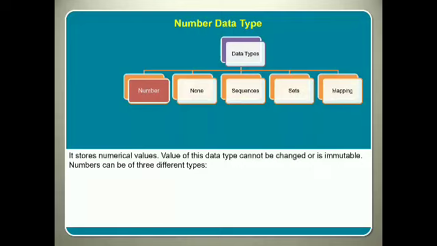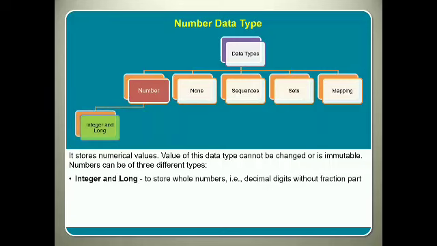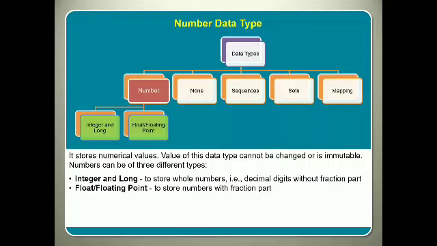Values of this data type cannot be changed, or are immutable. Numbers can be of three different types: integer and long, to store whole numbers, decimal digits without fraction part; float or floating point, to store numbers with fraction part; and complex, to store real and imaginary parts.